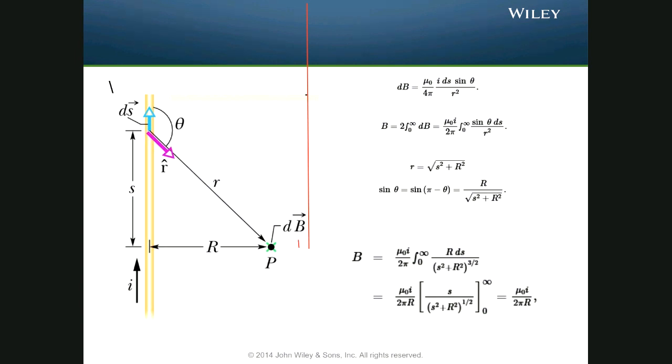So this wire goes up to positive infinity and down to negative infinity. This wire starts at 0, there's no wire below, and goes up to infinity. Okay? Yeah, right.